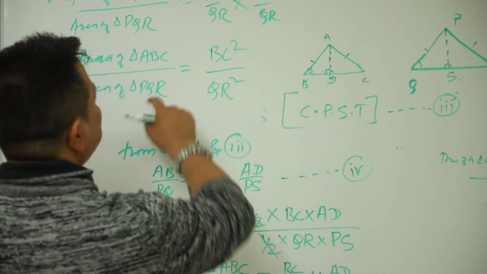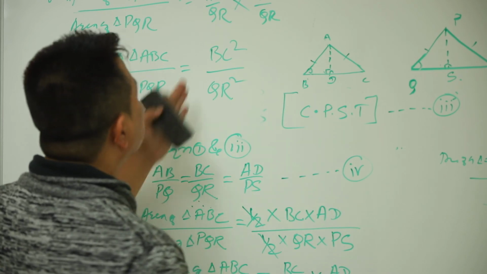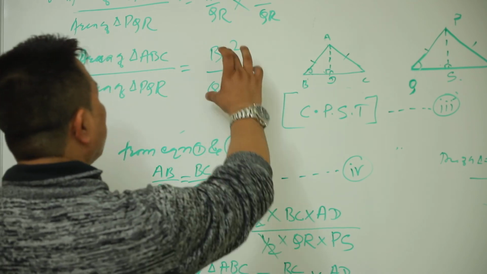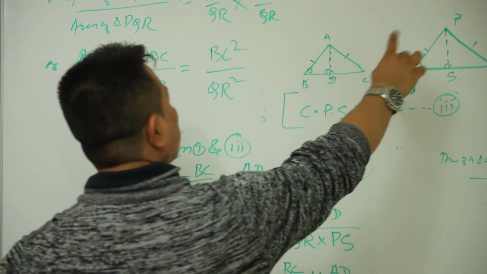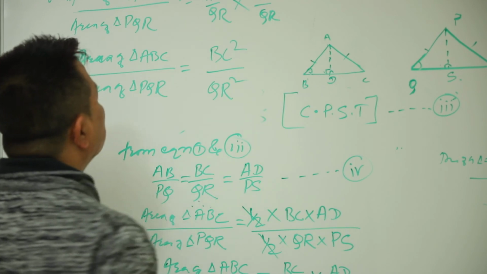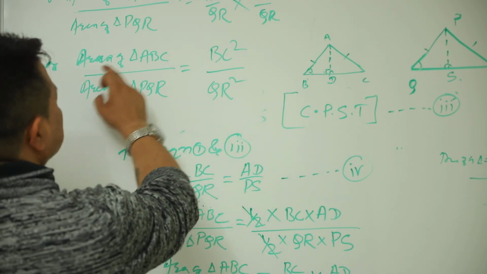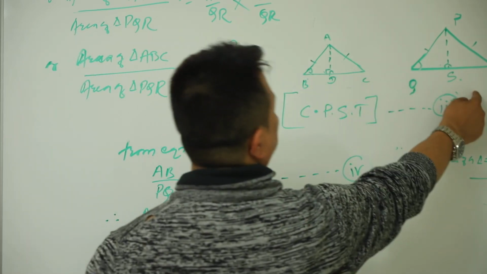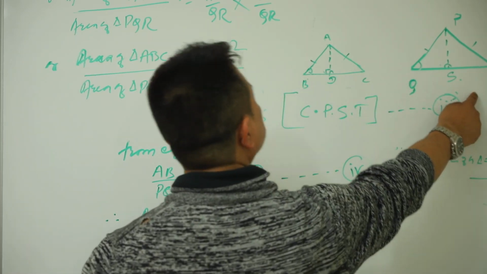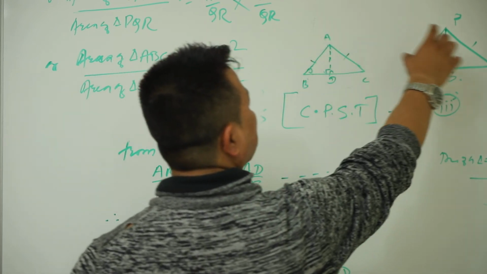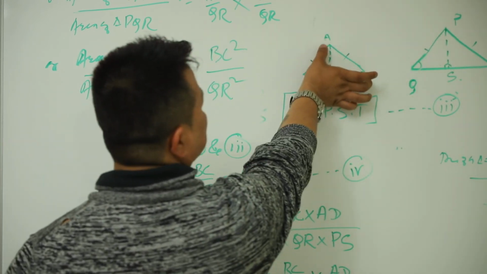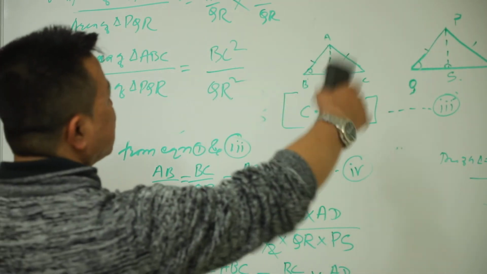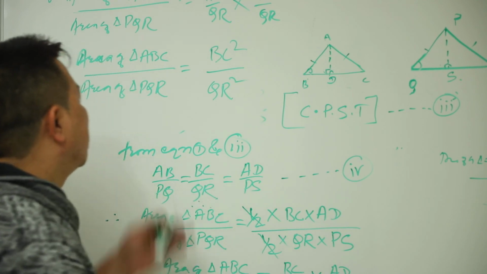Since ABC and PQR are similar, the ratio of corresponding sides are equal. So BC upon QR is also one pair of corresponding sides, which is equivalent to AB by PQ, also equivalent to AC by PR. So when you put squares on each ratio of corresponding sides, your theorem is proved.